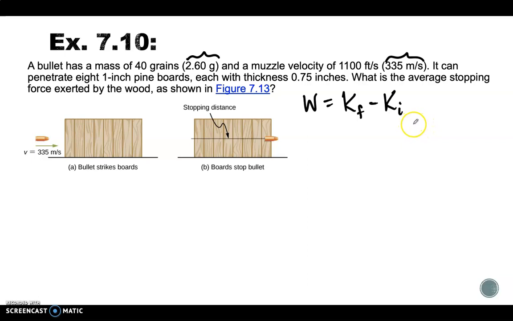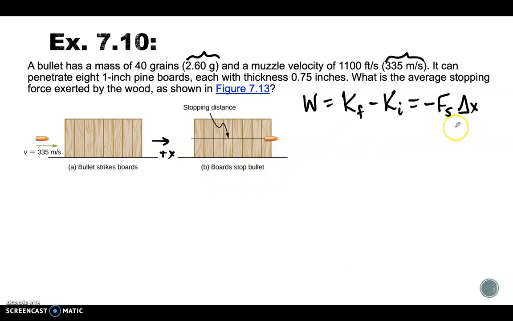And I mentioned that we need to take into account our friction or our stopping force, okay? So that would be equal to negative F, I'll say sub S for stopping, multiplied by our distance. So I'll say delta X. Okay, so we'll say that this is the positive X direction. Okay.